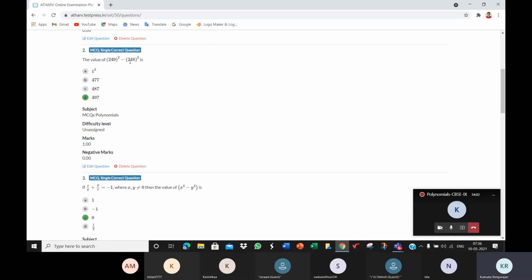When you use that identity to simplify this expression, you will find that the answer is 497. 249 minus 248 is 1, so 1 into the sum, 249 plus 248, will be 497.